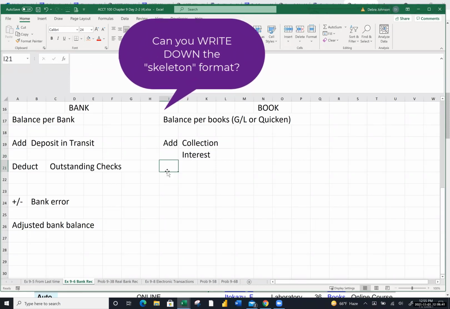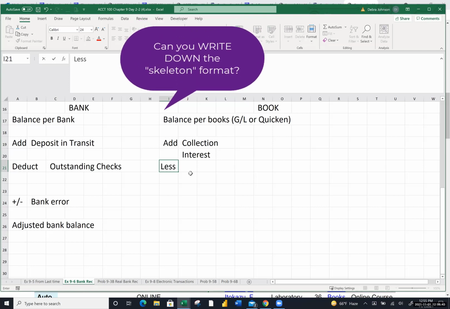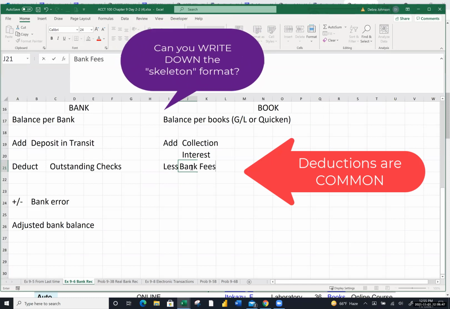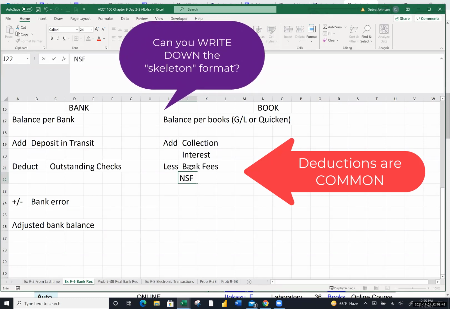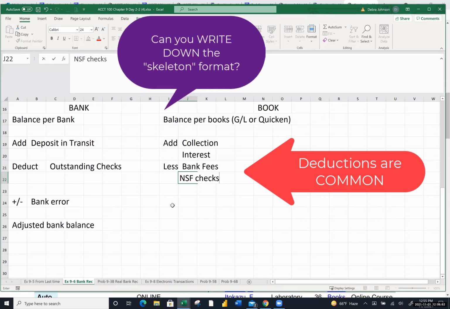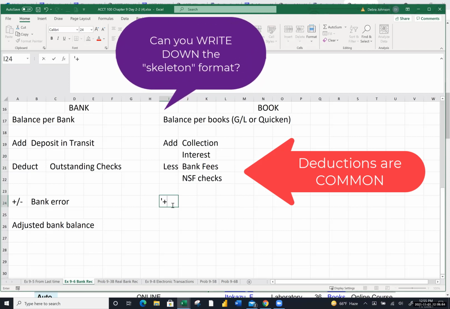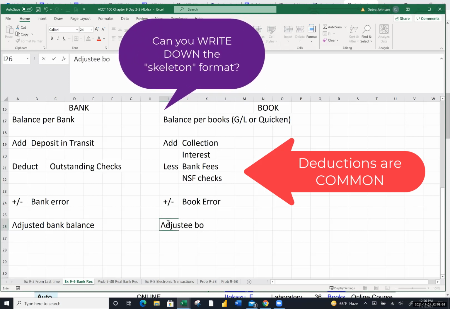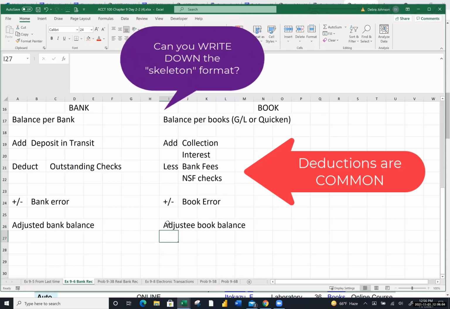More likely though, I'm going to see some subtractions. I'm going to see the bank taking things out of my accounts. Common are bank fees and NSF checks. And then if it's my account, I know for a fact I will most likely have a book error. So I'll have to figure out which way that will go. And that will give me the adjusted book balance.